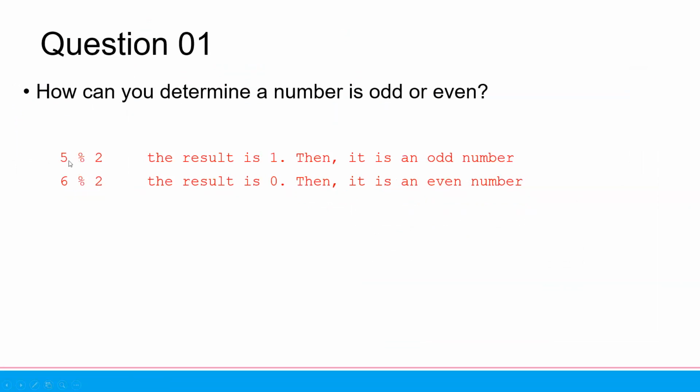If any number modulus by 2, if the result is 1, then it is an odd number. If it is 0, then it is an even number. So this one is to determine whether a number is odd or even.